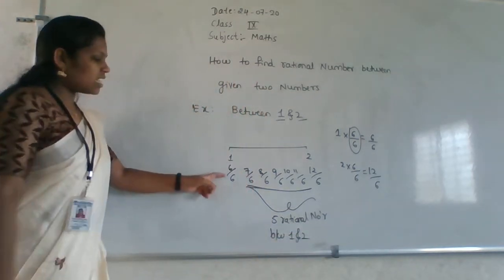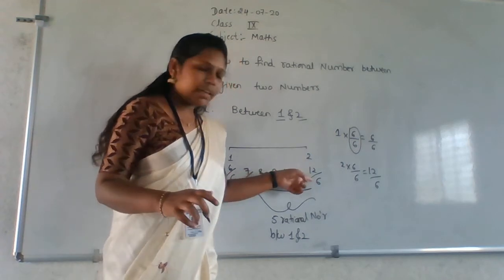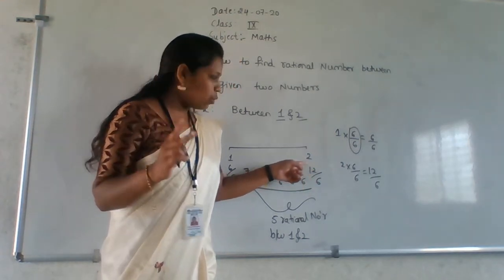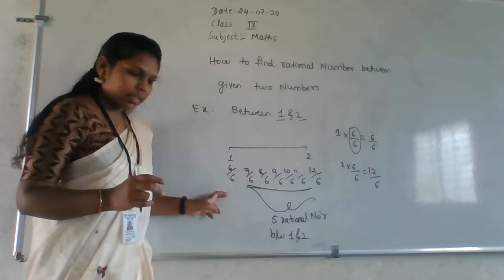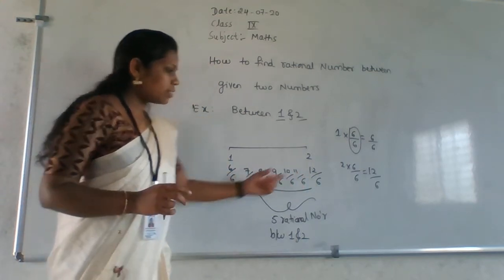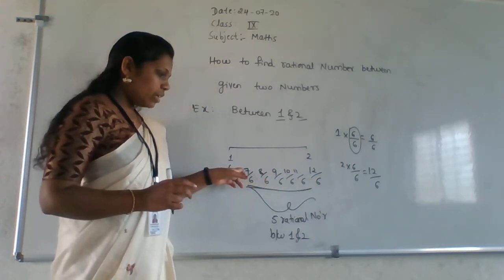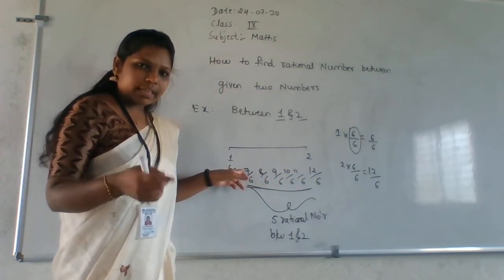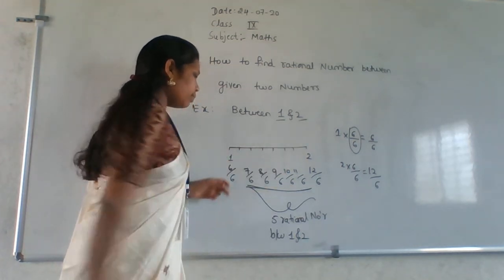Again, 6 by 6 is nothing but 1, and 12 by 6 divided gives 2 only. So between 6 by 6 and 12 by 6, how many rational numbers are there? Here, in the numerator you have to increase the value by one each time.